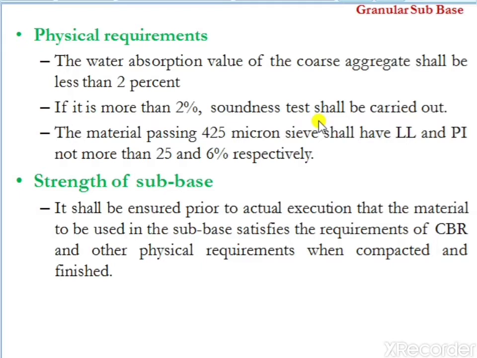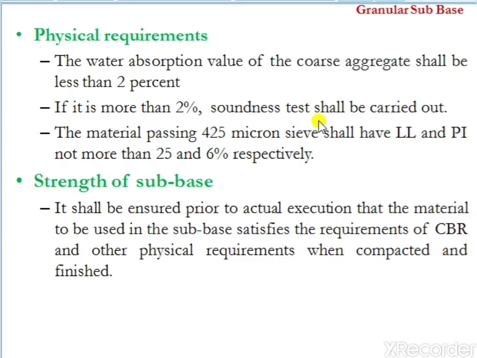After 5 cycles, the loss in weight of aggregate is determined by sieving out all undesired particles and weighing. The loss in weight should not exceed 12% when tested in sodium sulfate and 18% when tested in magnesium sulfate solutions.